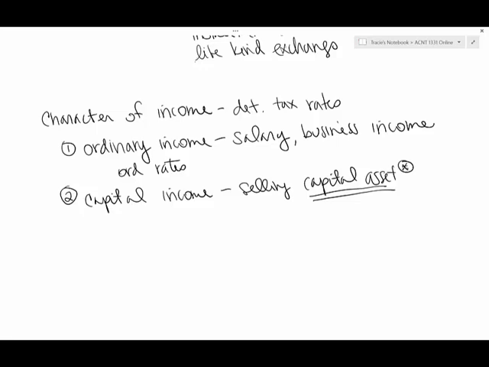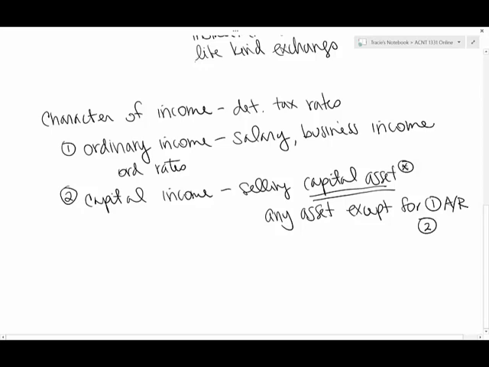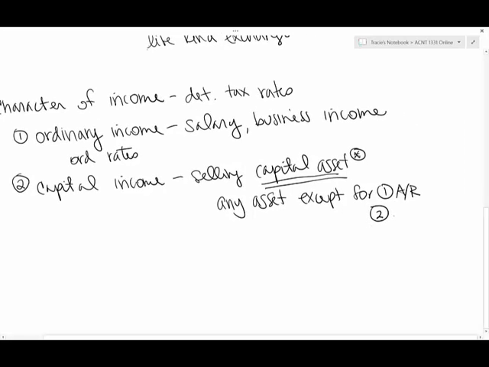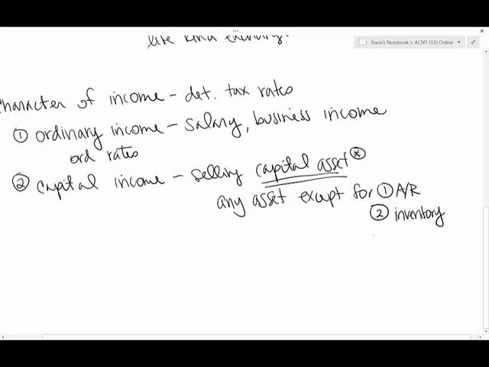So a capital asset is any asset except for accounts receivable, inventory, and business assets.